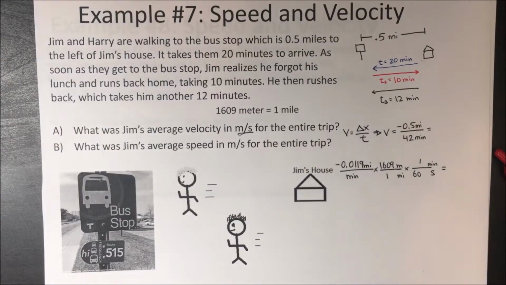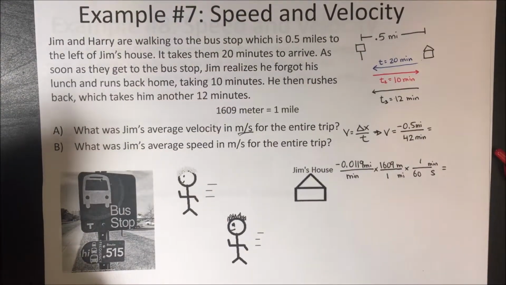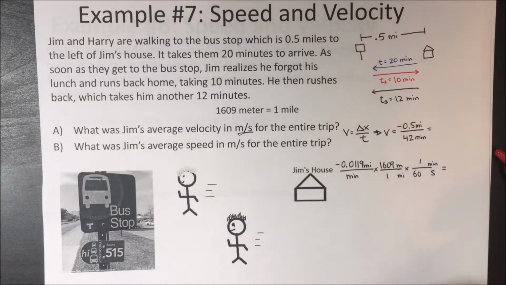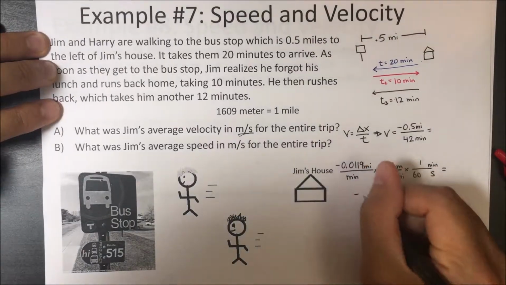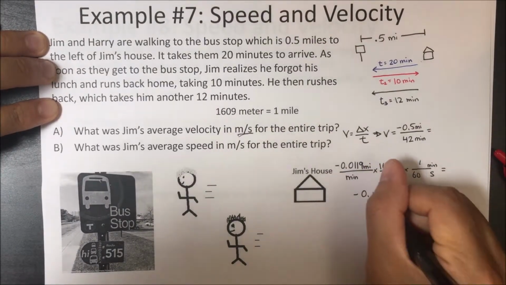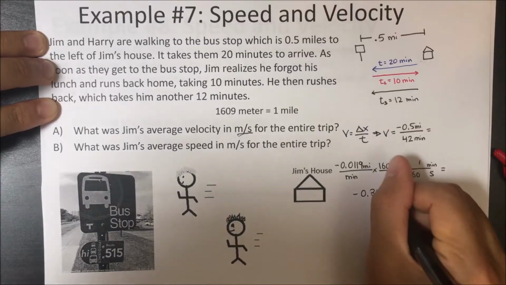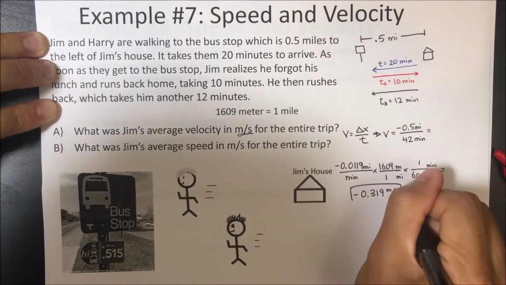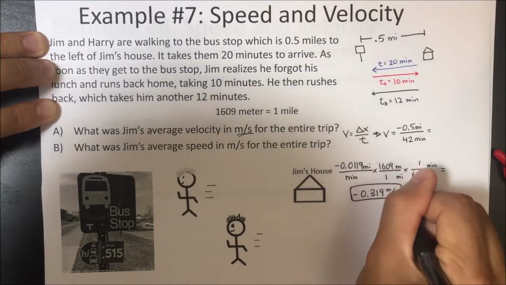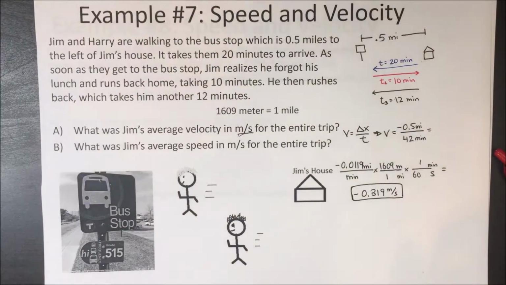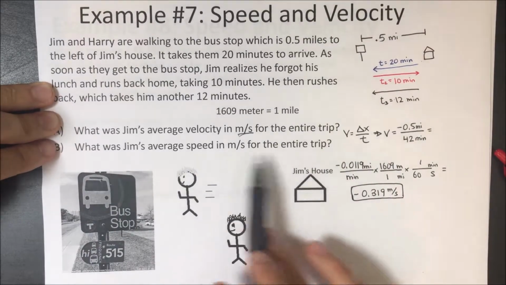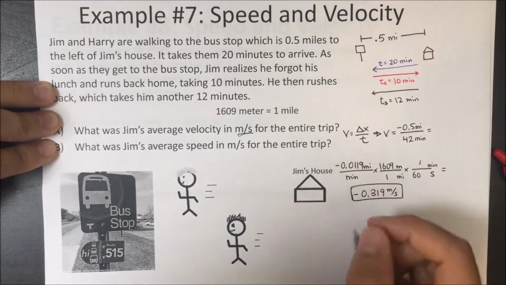So let's put this all out. And what we get is his average velocity is negative 0.319 meters per second. Okay. Part B says, what was Jim's average speed in meters per second for the entire trip?